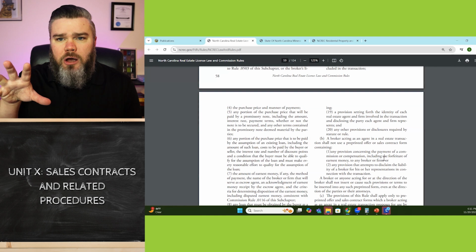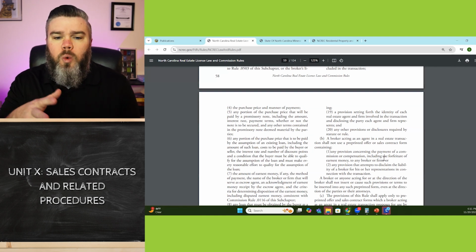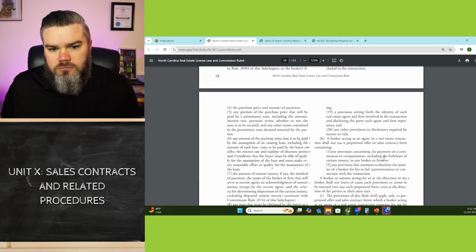So we can't talk about brokerage commissions on the sales contract in any way, shape, and form. Folks, where do we talk about brokerage commissions? Agency agreements. There you go.